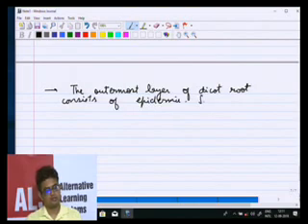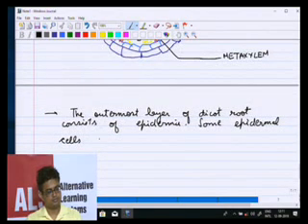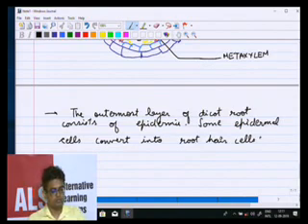Some epidermal cells convert into root hair cells, which are unicellular root hair cells.